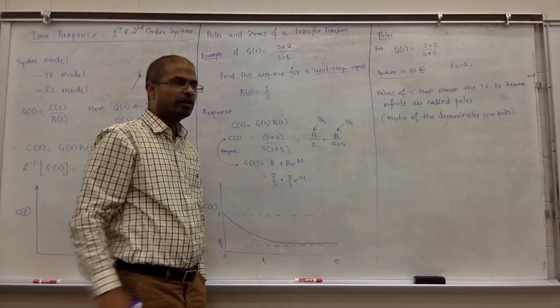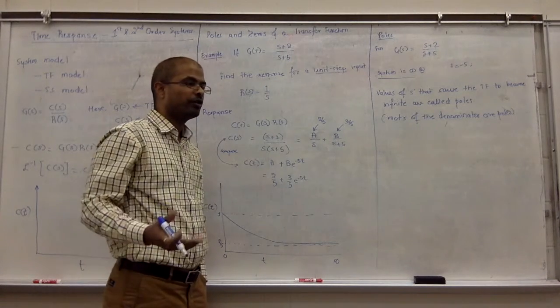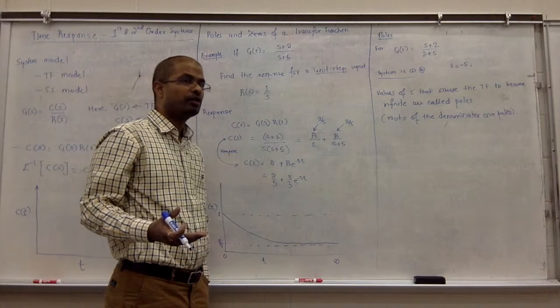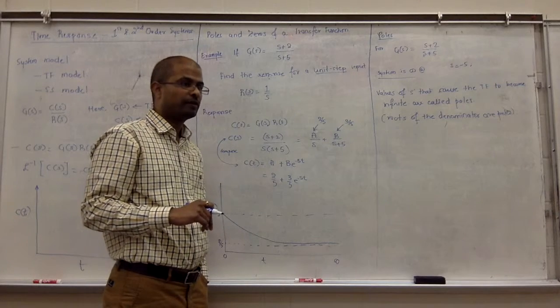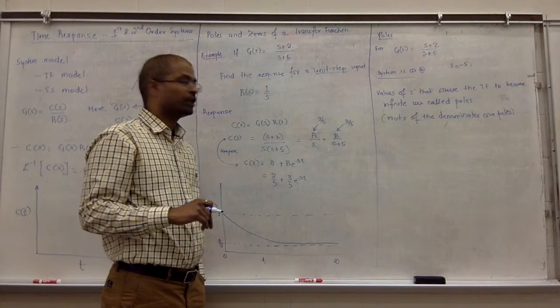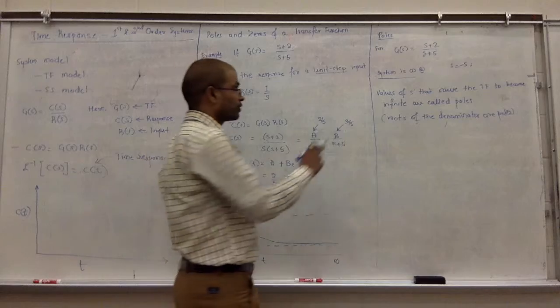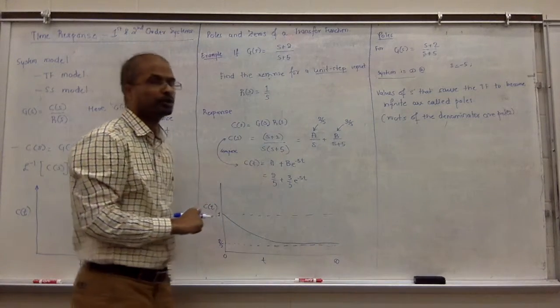Input can be a unit step input, a ramp input, a sinusoidal input, which you saw there. When we define these poles and zeros, they are independent of that input. Transfer function is defined independent of the input.